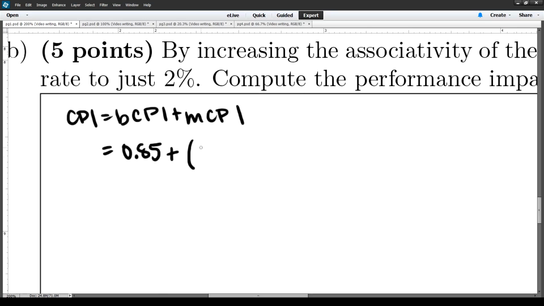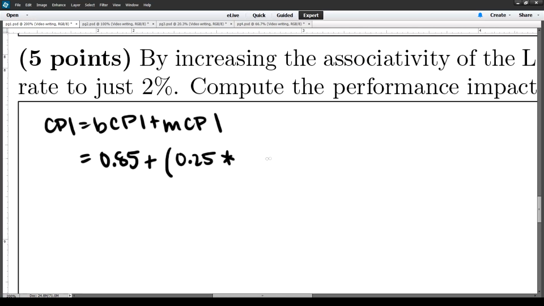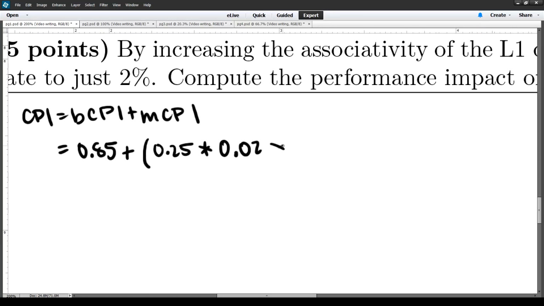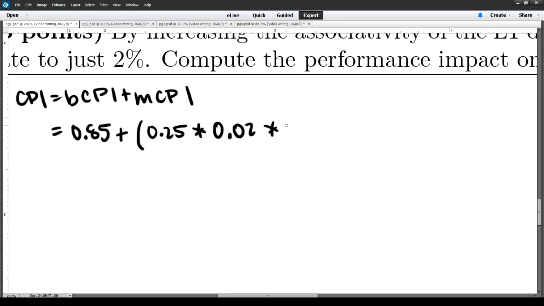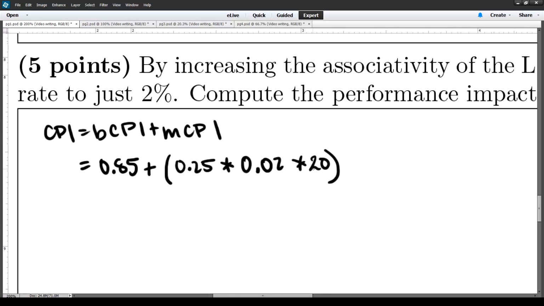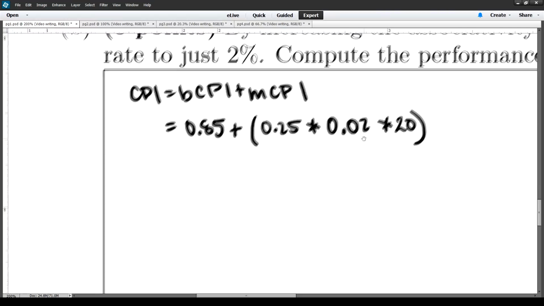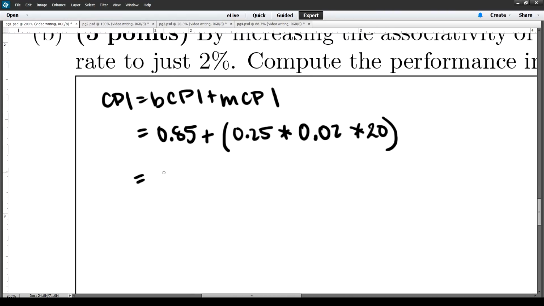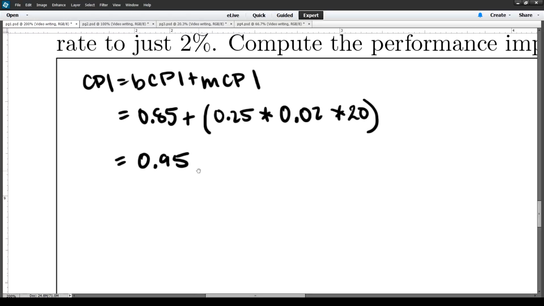The memory accesses per instruction is also the same because we're running the same program. The miss rate has gone down to 2% or 0.02. And the miss penalty is 20 cycles. We know this because Professor Van Kat said it was fine to assume this on Piazza. So this comes out to 0.95. So this is the new CPI.